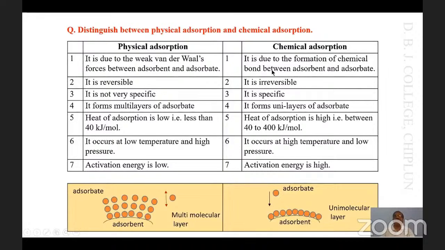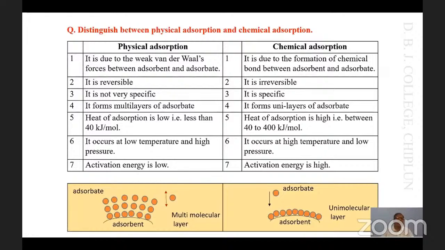Now then, in physical adsorption, see here, physical adsorption is a reversible process, whereas chemical adsorption is an irreversible process. Now, why do we call physical adsorption a reversible process? Let us try to understand this.